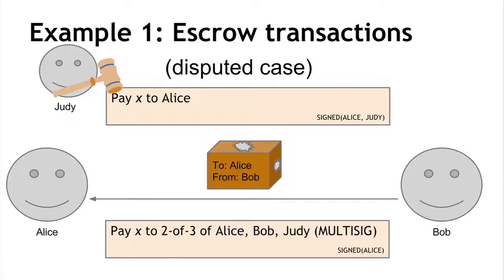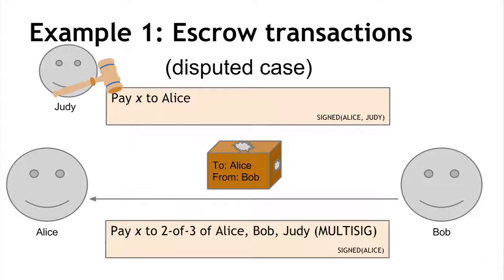Judy's going to have to decide which of these two people was honest, which one doesn't deserve the money. And if Judy decides that Bob cheated, Judy will be willing to sign a transaction along with Alice, sending the money from escrow back to Alice. So Alice and Judy can get together. That's 2 of the 3 required signatures, and Alice can get her money back. And of course, Judy would have the opportunity to rule in the other direction.